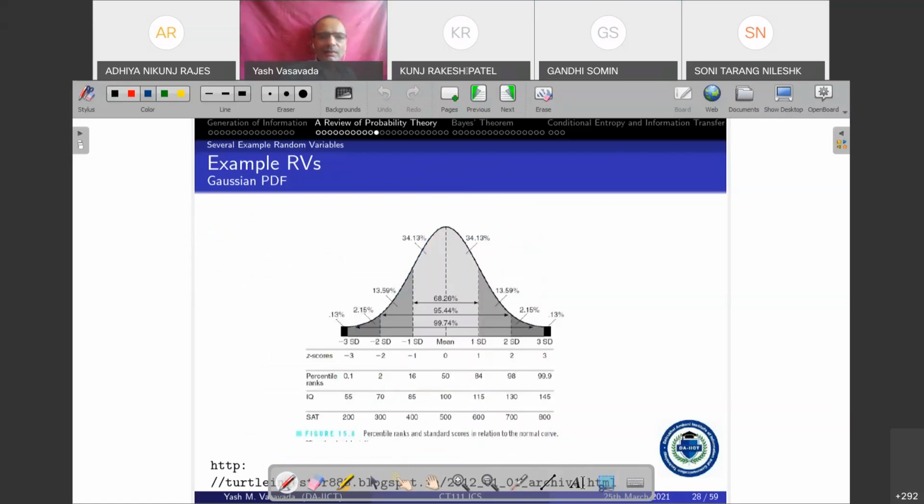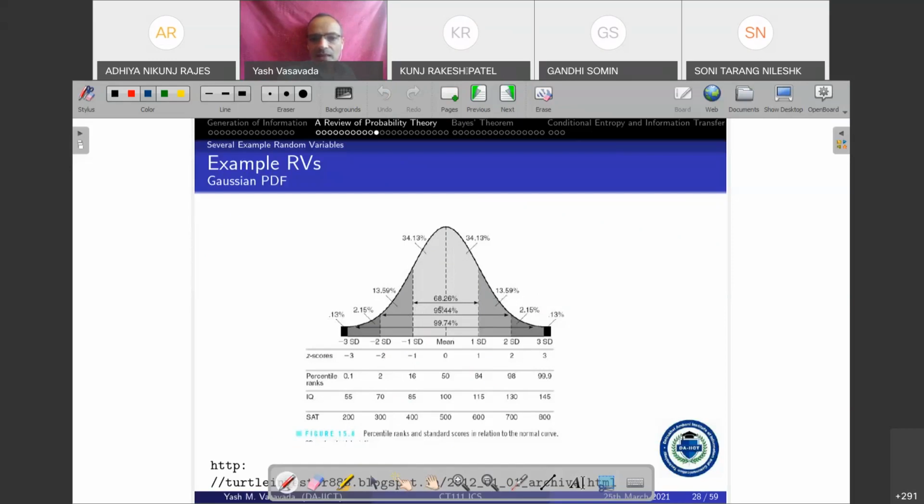And then maybe the last thing that I'm going to talk about for this Gaussian PDF is that there are some rules of thumb. These are something that you can memorize, you can kind of keep on your thumb, so to speak. What is the probability that the variable is within plus or minus 1 standard deviation from the mean?